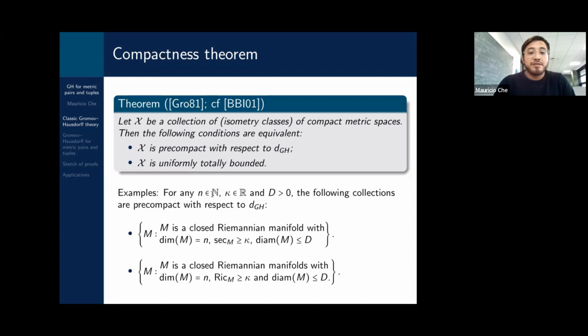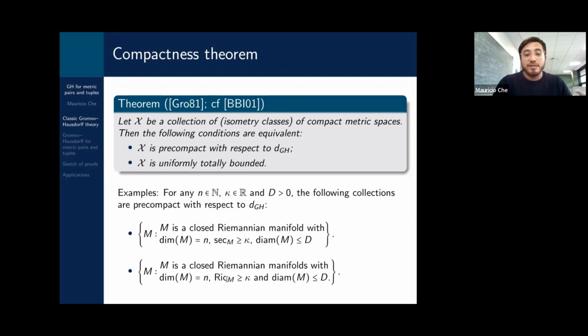Fix a natural number n, a real number kappa, and a positive number d. Then if we consider the class of Riemannian manifolds with dimension equal to n, sectional curvature bounded below by kappa, and diameter bounded above by d, that is a pre-compact class of metric spaces in the Gromov-Hausdorff topology.